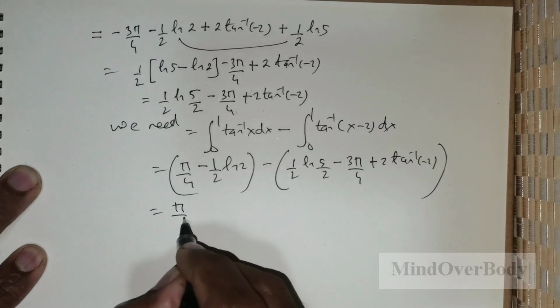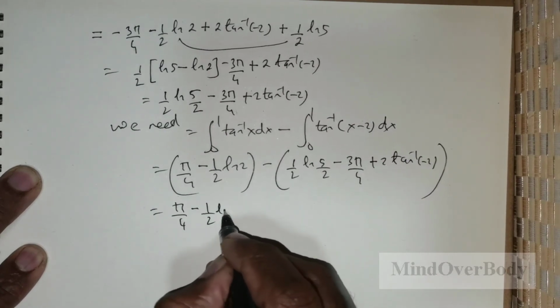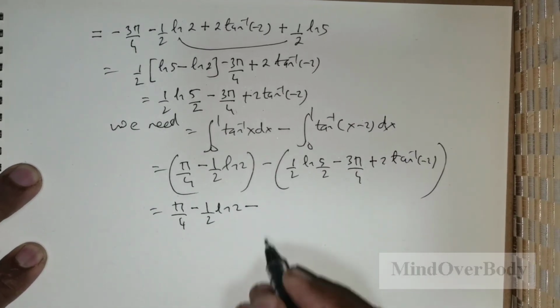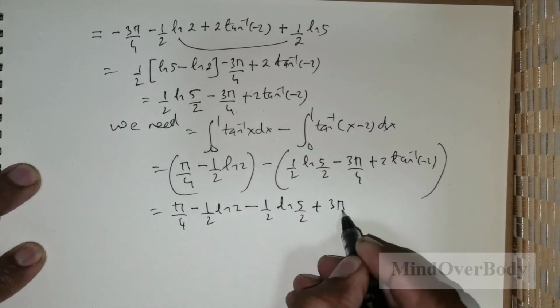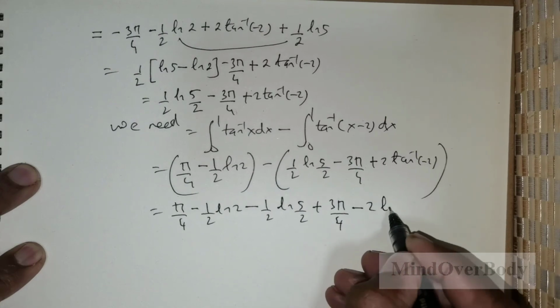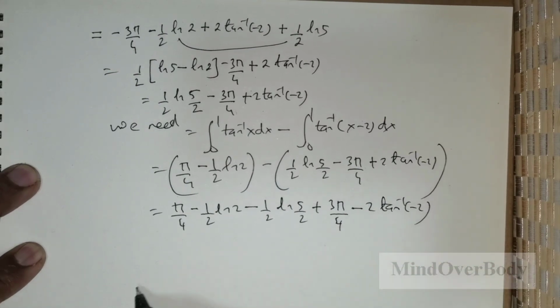This can be rewritten as pi over 4 minus 1 over 2 times ln 2 minus 1 over 2 times ln 5 over 2 plus 3 pi over 4 minus 2 times tan inverse of negative 2.